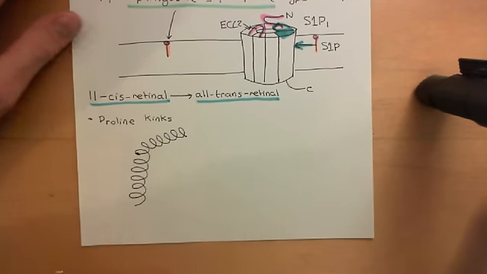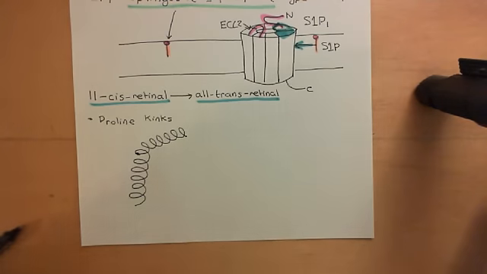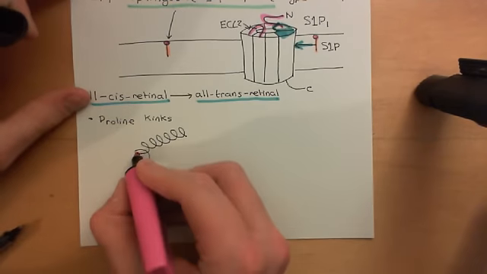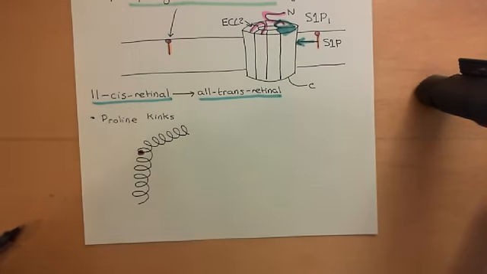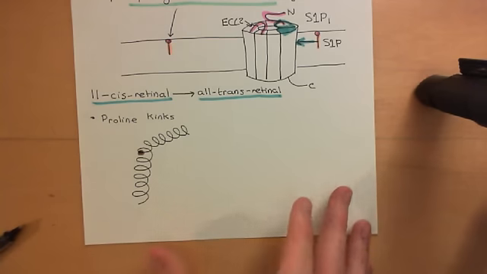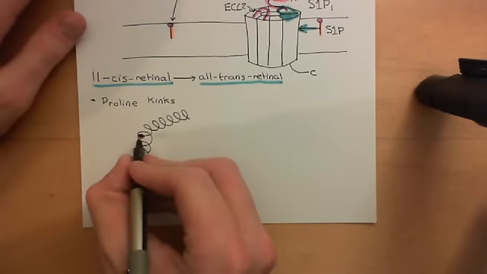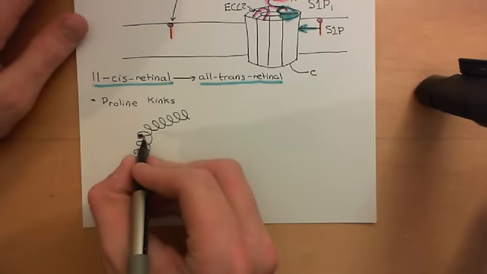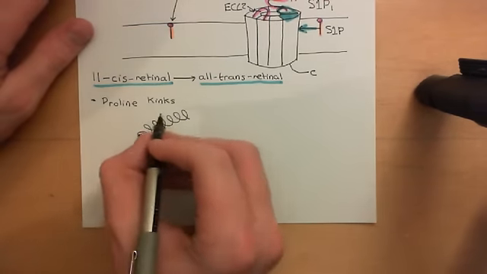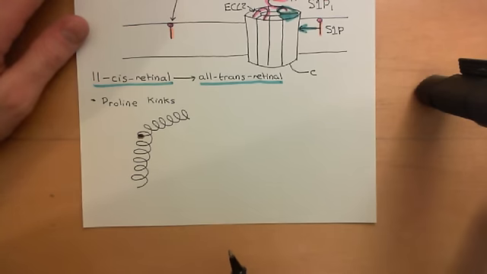So here's the proline, and it causes this kink, and that then causes the membrane-spanning alpha helix, or indeed any old alpha helix, to kink. It doesn't necessarily have to be a membrane-spanning alpha helix. We're interested in membrane-spanning alpha helices since we're talking about the transmembrane domain of G protein coupled receptors, but it could be any old alpha helix. So you have a proline present within the alpha helix, and that can then cause this kink, and that's known as a proline kink.